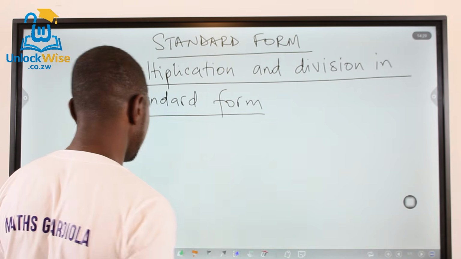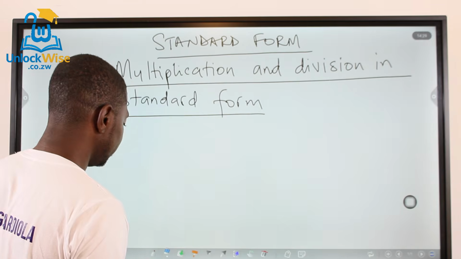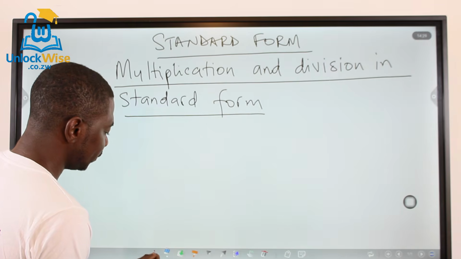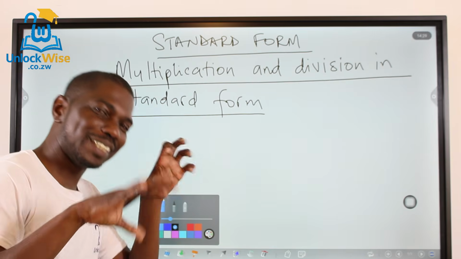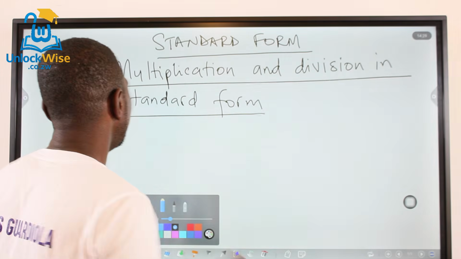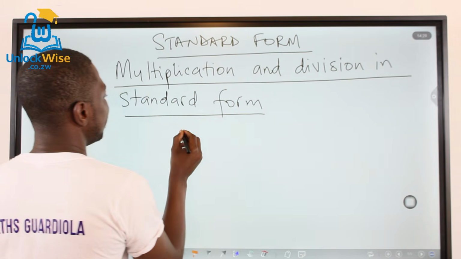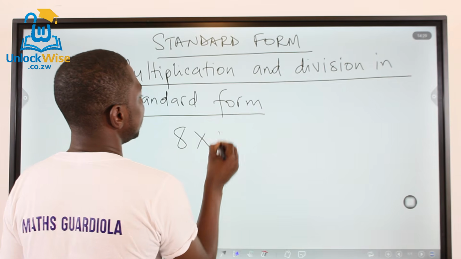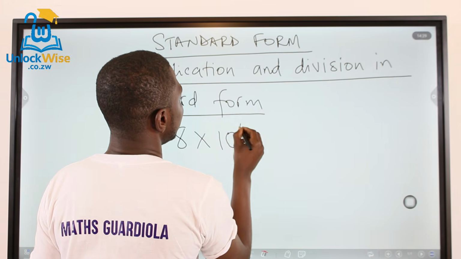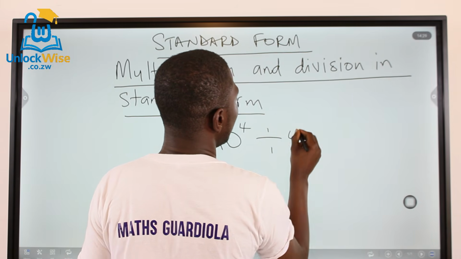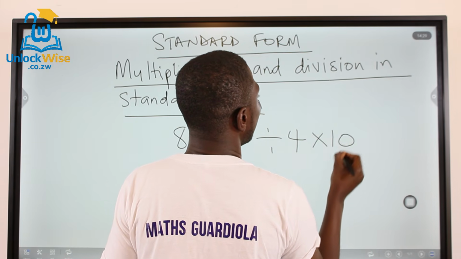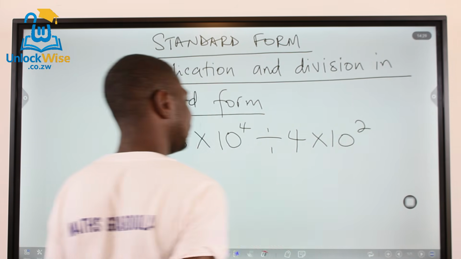We can have division in standard form. So maybe before you start, I will start simple and then get a little bit wide. Let's say we have 8 times 10 to the power 4, and this is being divided by 4 times 10 to the power 2.